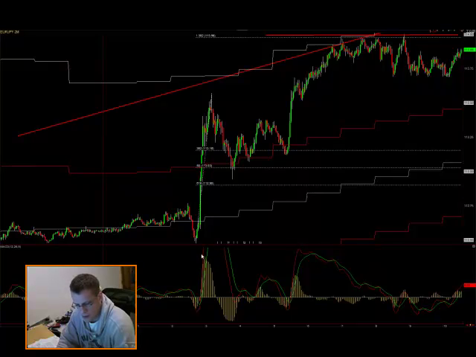But you can see that there was a major high here, and although price kept going higher, the MACD was lower. So even though we had a higher high in price, we had a lower high in the MACD.